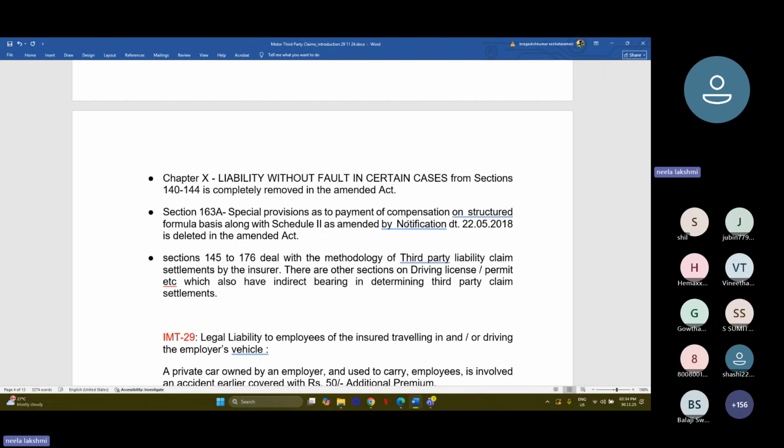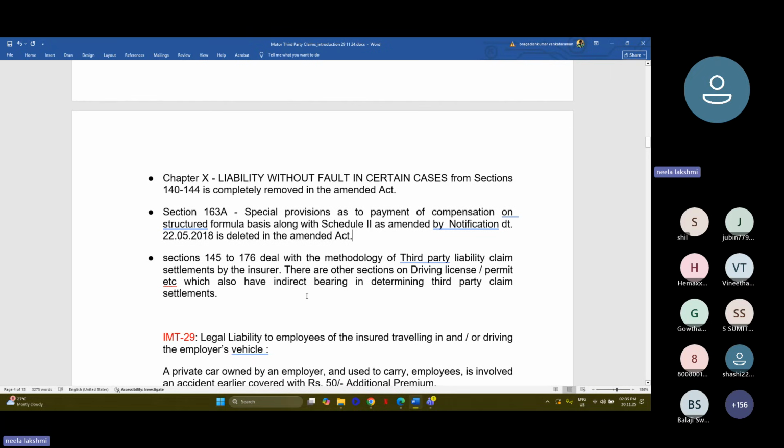After the 2019 amendment, Chapter 10, sections 140 to 144, is completely removed from the Amended Act. Section 163A, the structured formula, is also removed from the Amended Act. Okay, removed in the Amended Act, which was finding place in the earlier Act. Section 163A also removed. Chapter 10 removed.